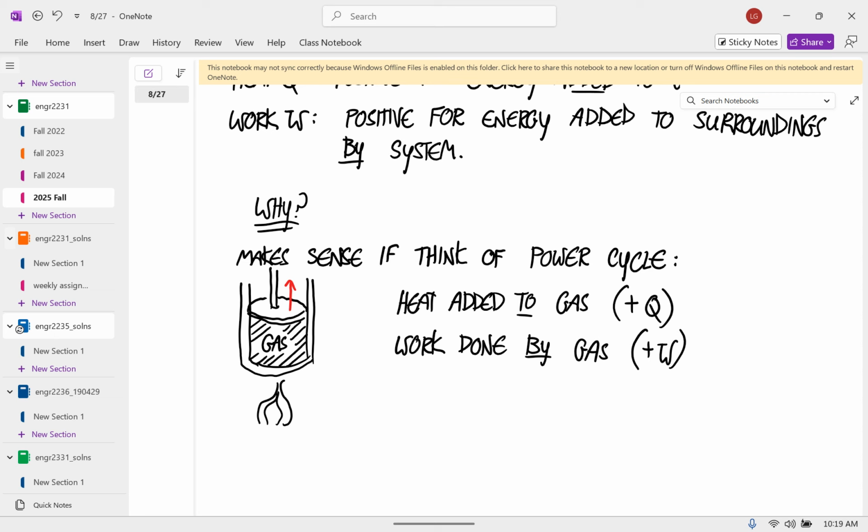I'm going to give you a couple of problems after today on the assignment that say stuff like, okay, so 50 kilojoules of work is done on the gas, and 150 kilojoules of heat is added to the gas. What's Q? What's W? And so you just have to think of, am I taking the positive of this or the negative of this? I'll do one or two of those on Friday just to make sure you're thinking about it right.